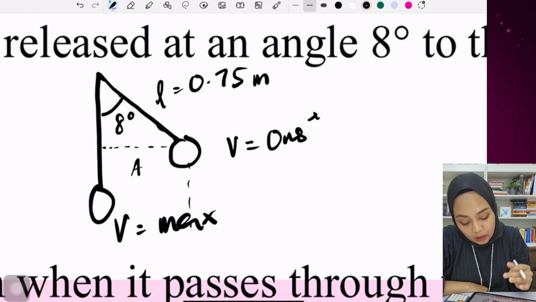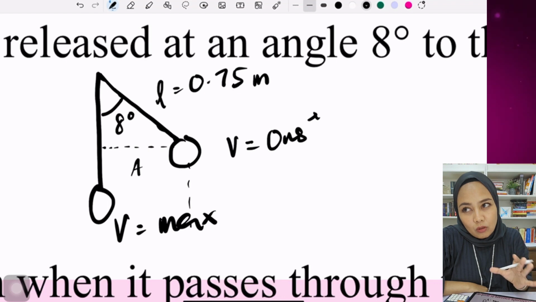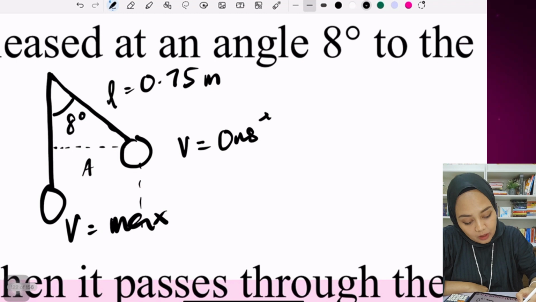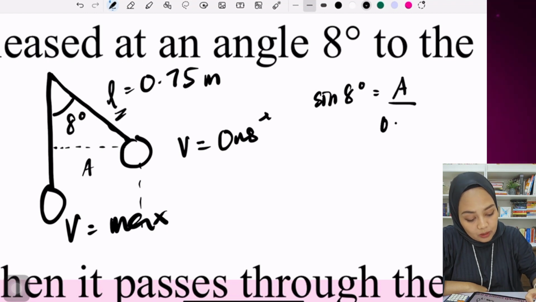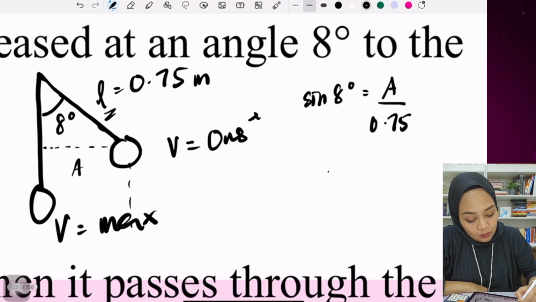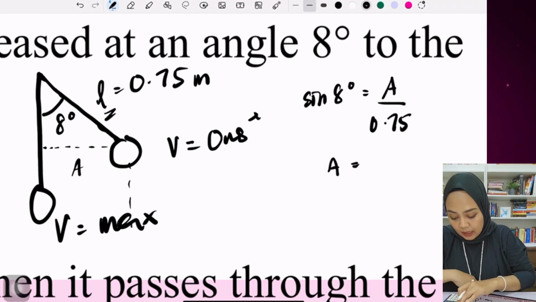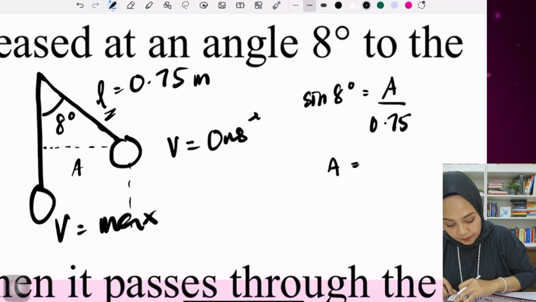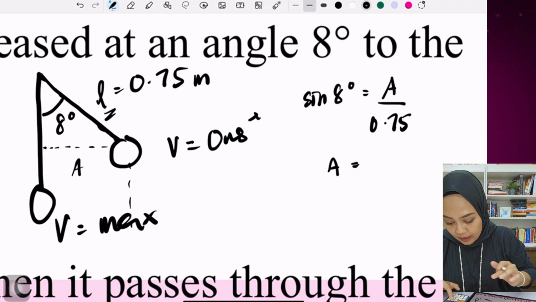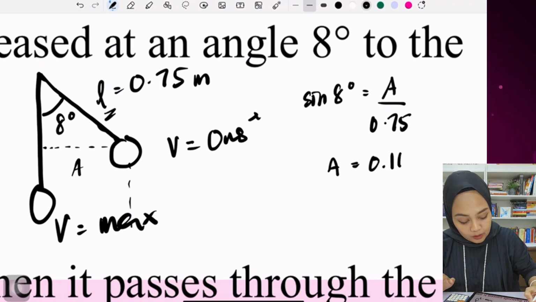We can get that. We're going to use sine. So sine 8 degrees equals the amplitude over the length, which is 0.75 meters. So your amplitude should be, let me calculate, 0.75 sine 8 degrees, it is 0.104 meters.